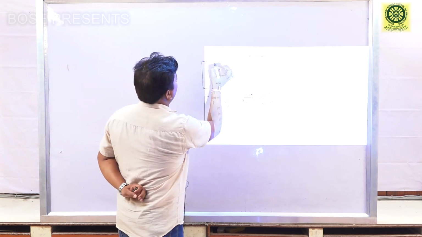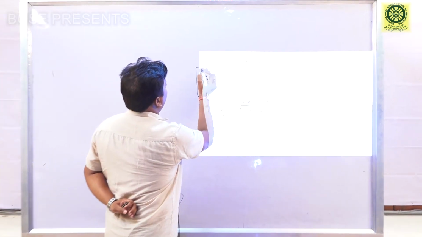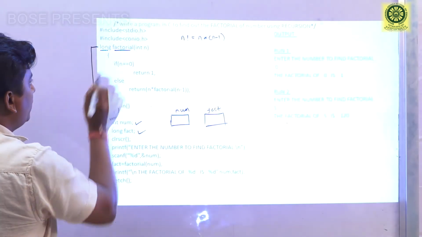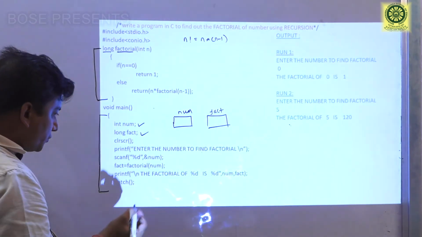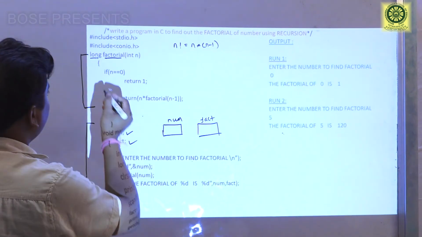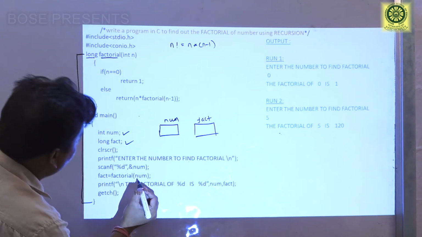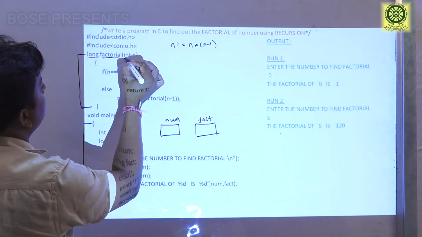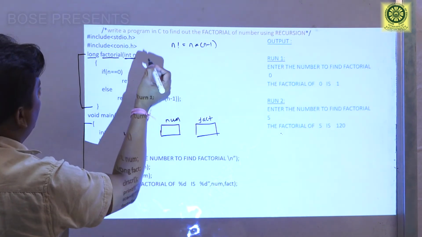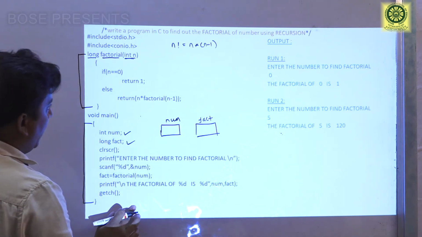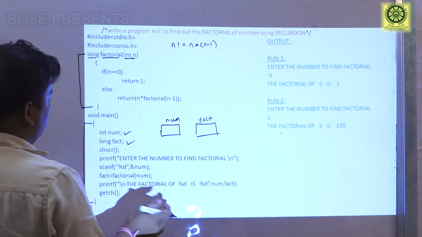It is the name of the function, and it is the return type of a function. Okay, and here it is known as the argument, which is passed during the function call.